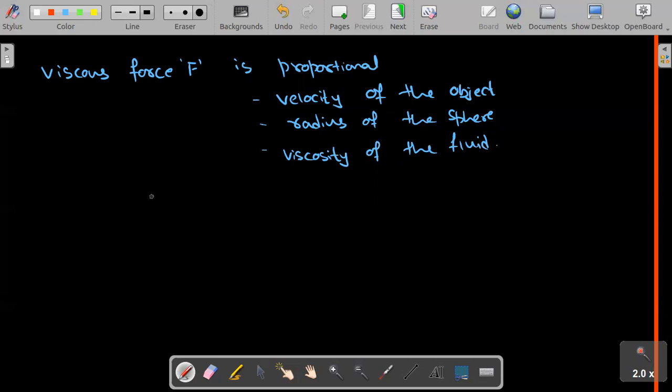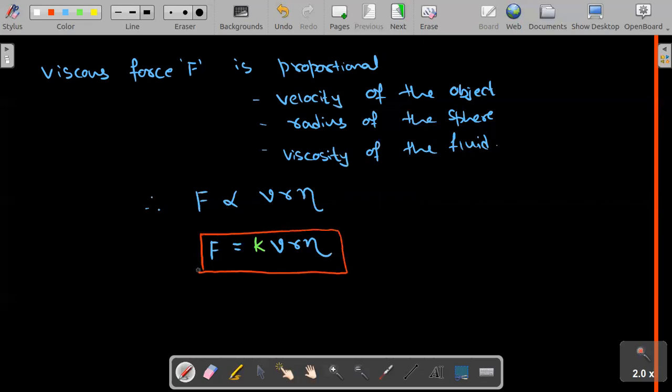If you write it in the form of an expression, F is proportional to velocity V, radius of the sphere R, and coefficient of viscosity eta. To remove this proportionality, we use a constant called K, which is our proportionality constant. So F equals K V R eta.